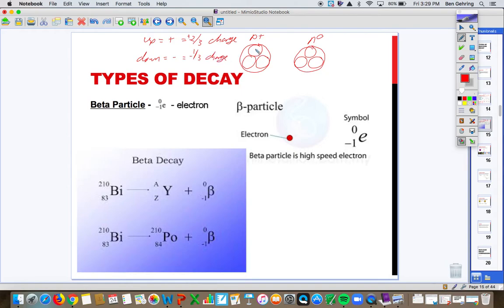Okay, so protons have two upspin quarks and one downspin quark. I'm going to put two positive quarks and one negative quark. And so protons have 2/3 of a charge for one upspin, plus 2/3 of a charge for the second upspin, minus 1/3 of a charge for the downspin. So 2/3 plus 2/3 is 4/3, minus 1/3 is 3/3, which equals 1.